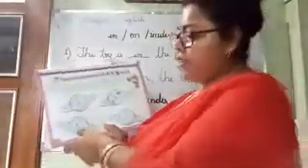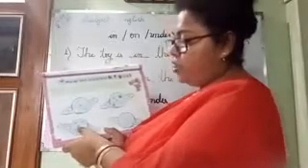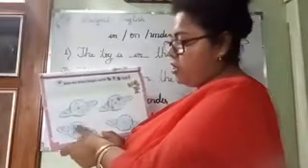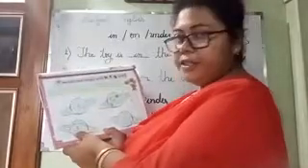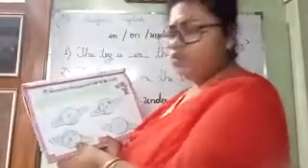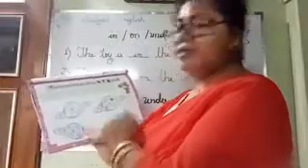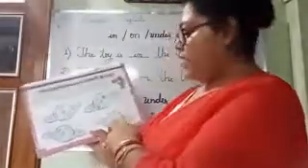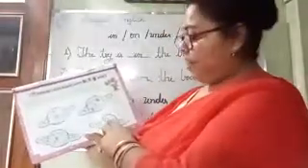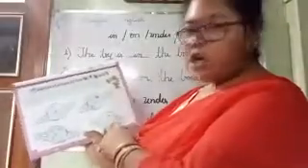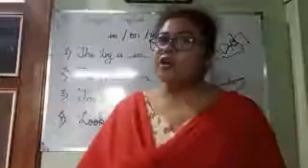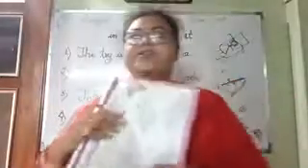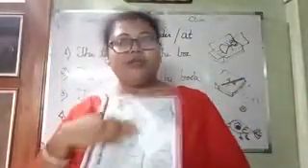Next, G for gun, G for girl, G for gate, but G for cow, no, then cross it. Then L for lip, L for leg, L for log, L for cat, no, then you have to cross out cat. Understand?